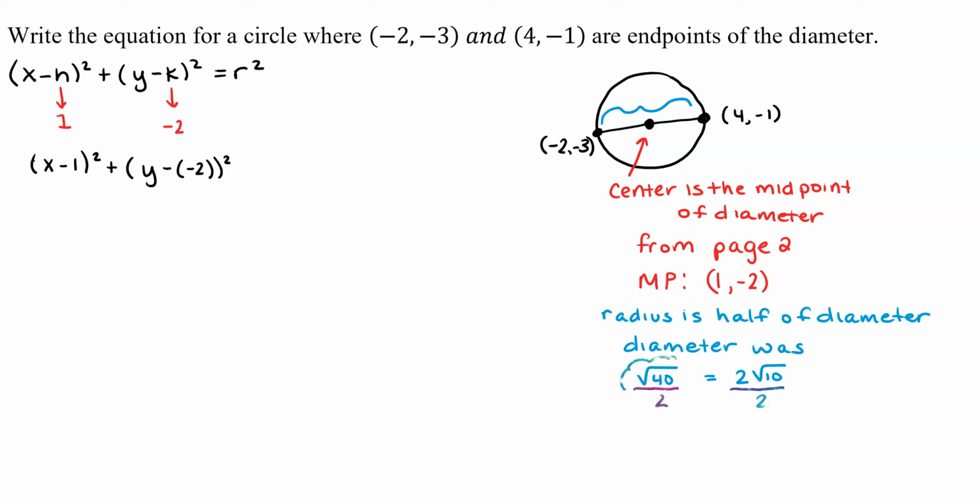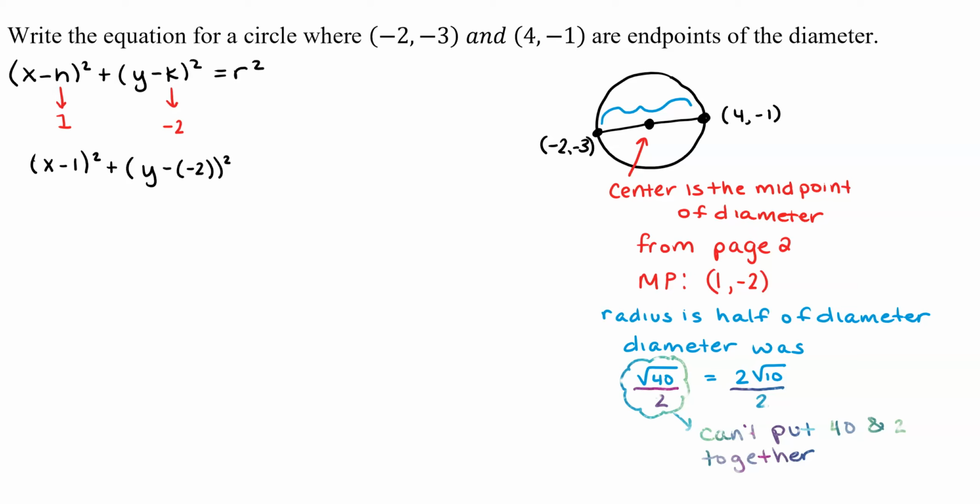In this guy here, you cannot put the 40 and 2 together, which is a really common mistake. A lot of people want to call this the square root of 20, which is not true. You can't put the 40 with the 2 because the 40 is under a radical and the 2 is not under a radical.